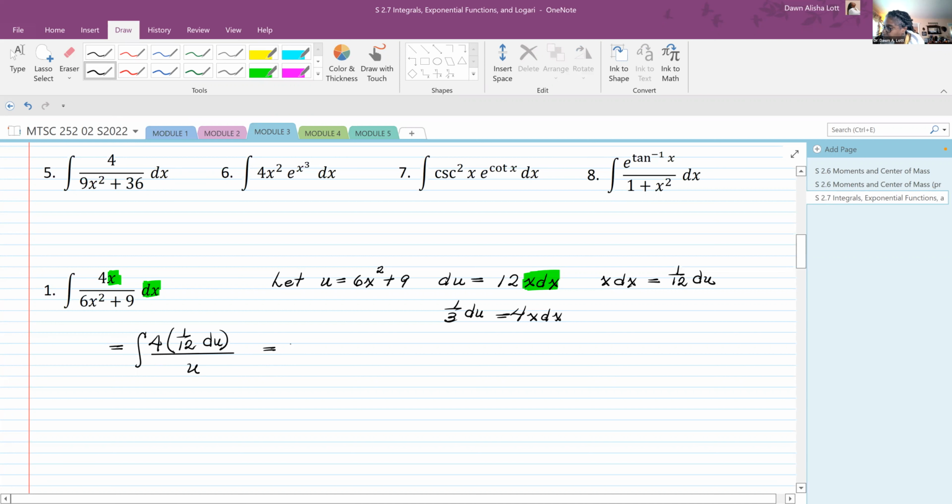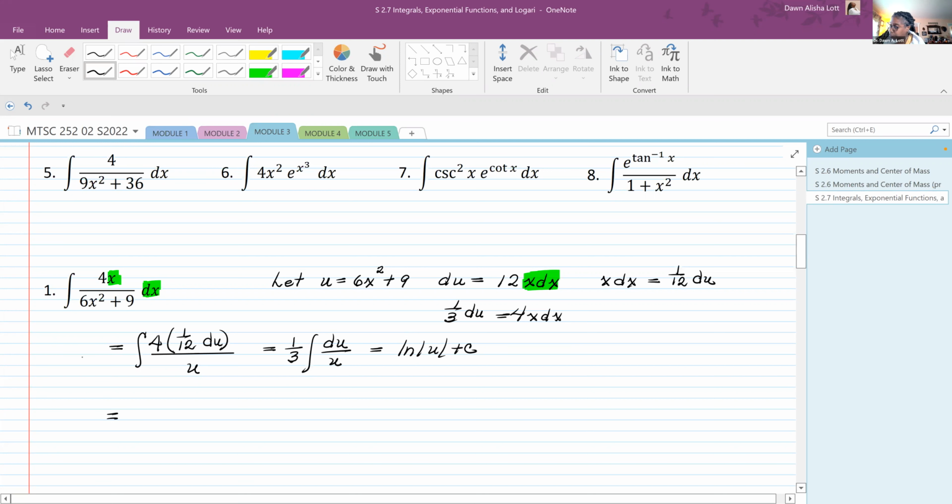So this is 1/3 the integral of du over u. And what does that give me? What is the integral of du over u? ln u plus C. Natural log of the absolute value of u plus a constant.